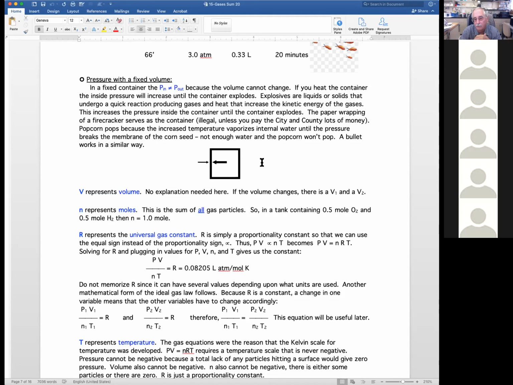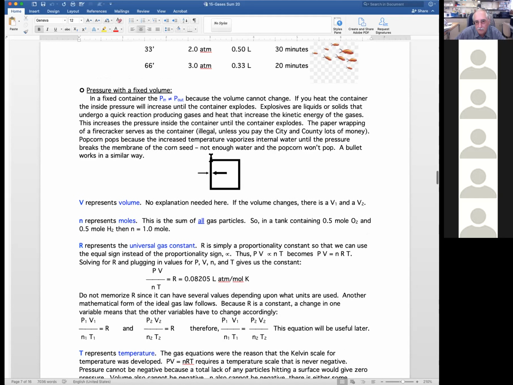Firecracker, you take paper, you roll gunpowder up in it, and that paper acts like the rigid container. And when the gunpowder burns, it goes into the gaseous state, produces heat to expand that gas. It basically breaks the container. Popcorn works the same way.